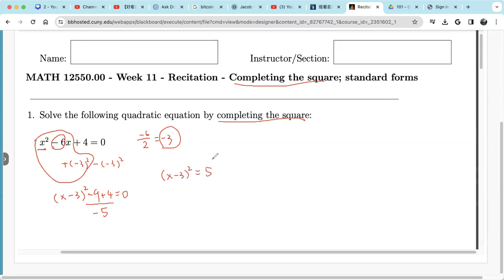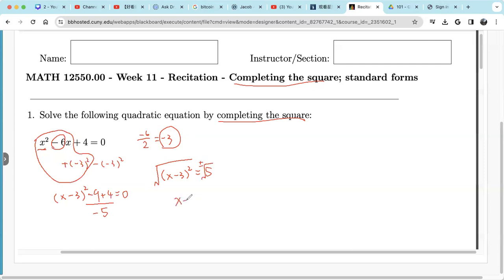Then we square root both sides. Now we have a perfect square on the left-hand side, so we can square root. When we square root both sides, we get a plus minus for this value.